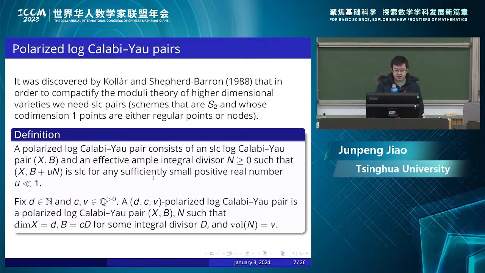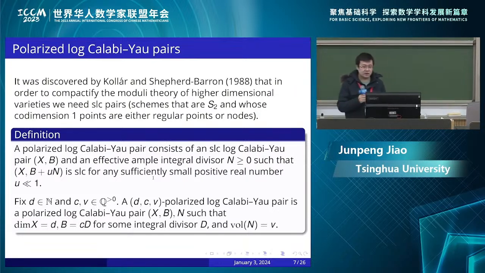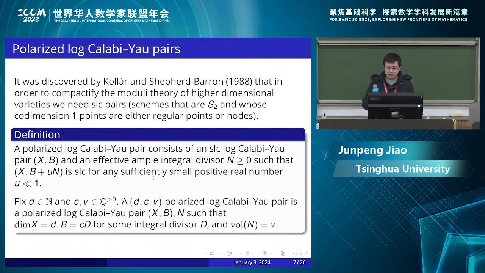SLC means the schemes are S2, which is their second condition, and whose codimension 1 points are either regular points or nodes. And this is true even for curves. For example, the moduli space of elliptic curves contains the degeneration of an elliptic curve which is not normal.